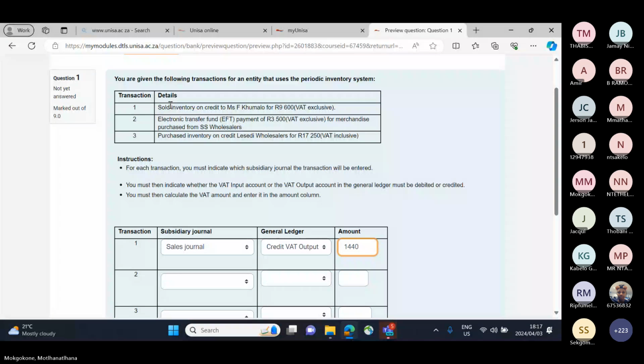Thank you, sir. Then the other question is, why are we crediting the VAT output? Here we credit the VAT output. Remember, when you sold on credit, on the first transaction, first you must identify the two accounts involved in this transaction.